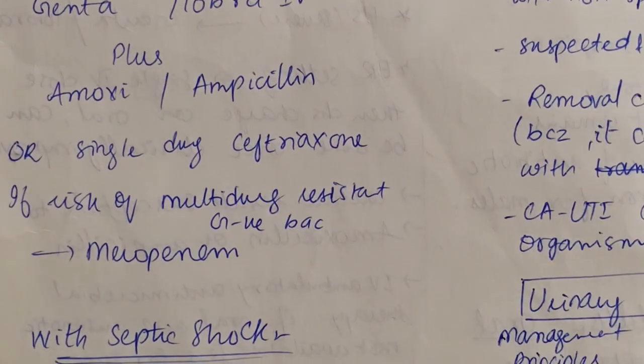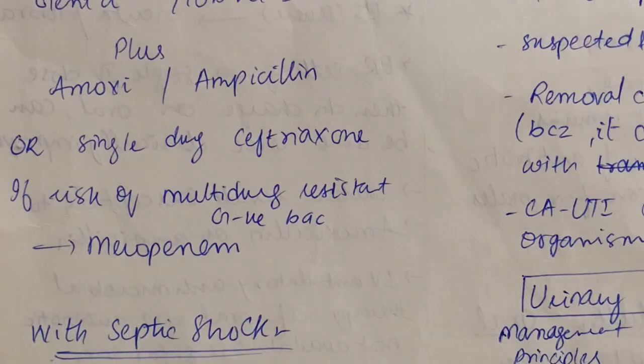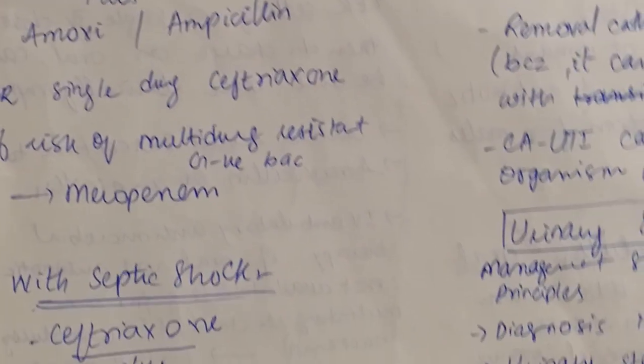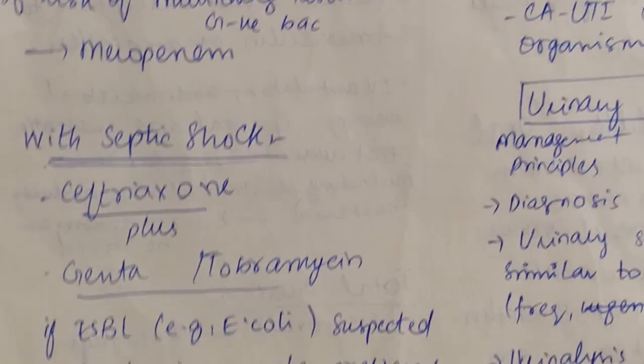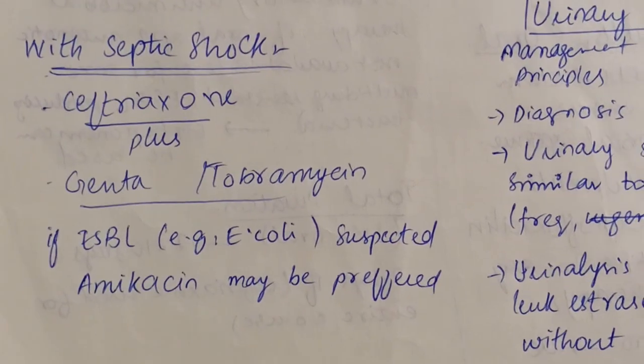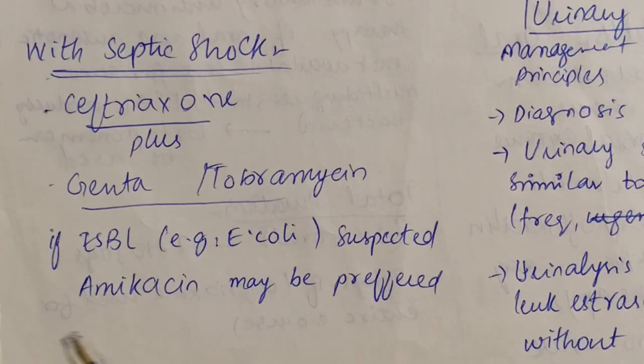And if there is a risk of multi-drug resistant gram-negative bacteria, meropenem is to be used. And if the patient is in septic shock, we are going to use ceftriaxone plus gentamicin or tobramycin. And if ESBL bacteria, for example E. coli, is suspected, amikacin may be preferred.